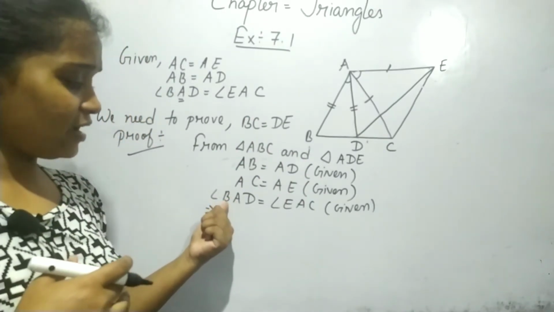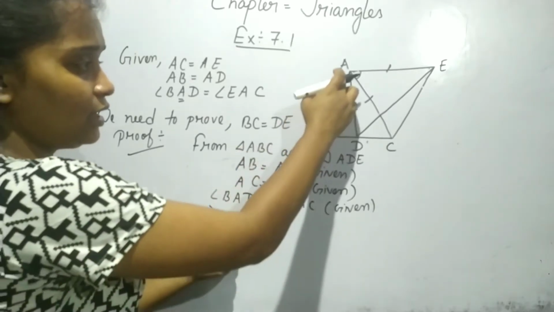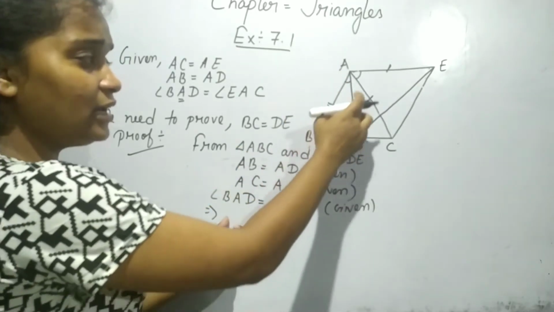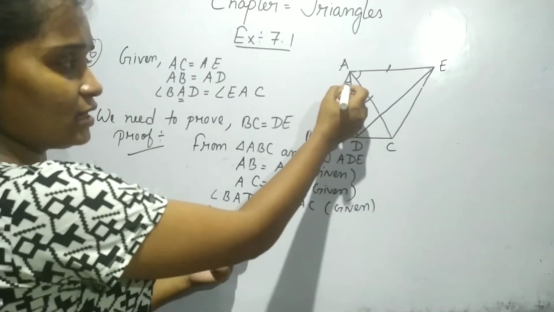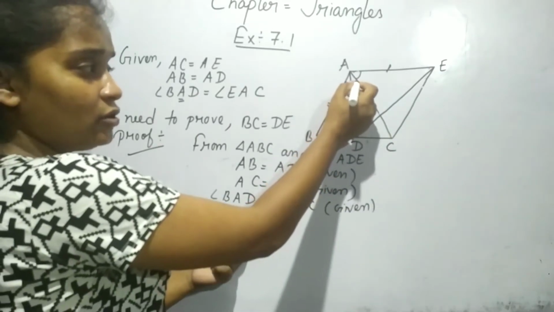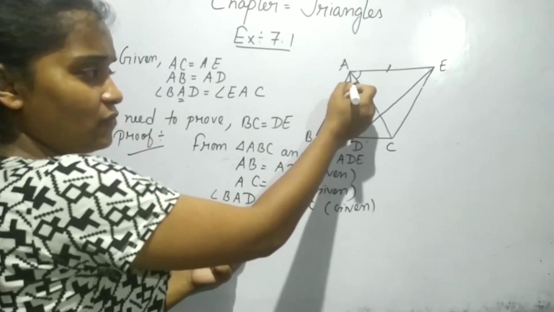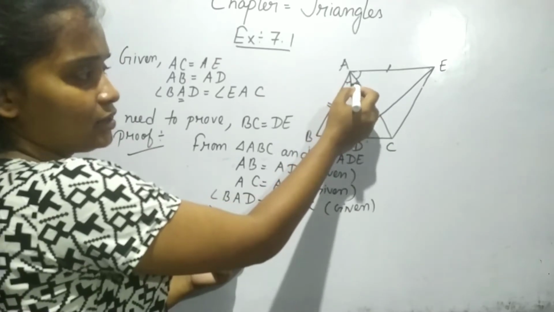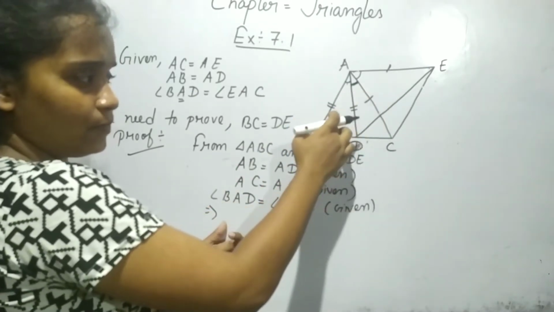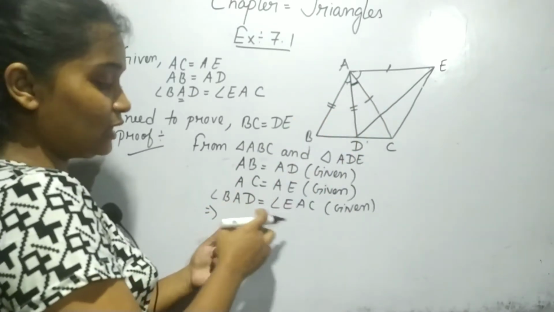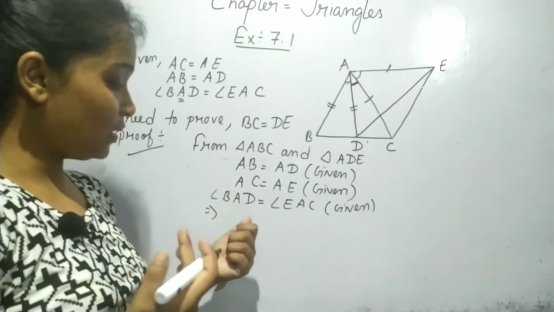Here I am looking at BAD, but I need this triangle BAC. So this angle is not included here. Look, if I add this part in both these two triangles, these two angles, then I can make it equal.